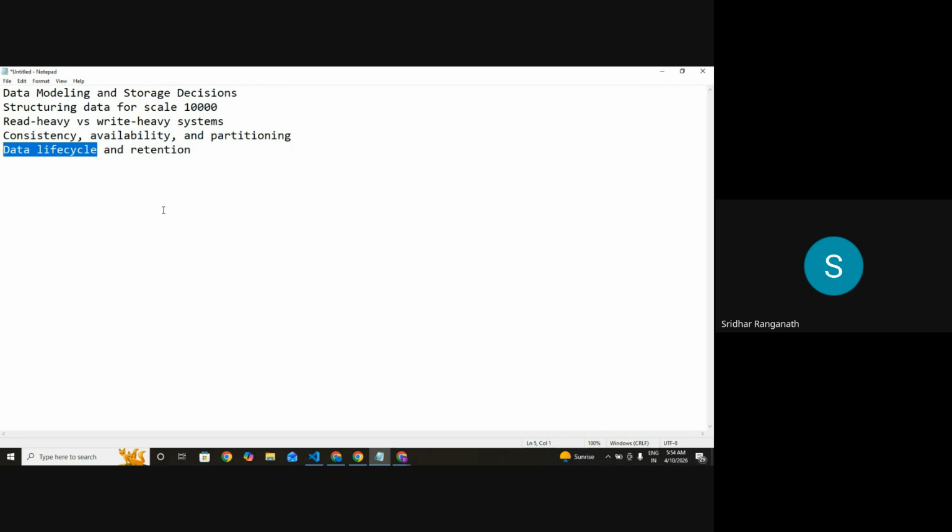Data life cycle: when data is created until it is deleted. Okay, so this is a life cycle. And retention means how much time you want to retain the data.